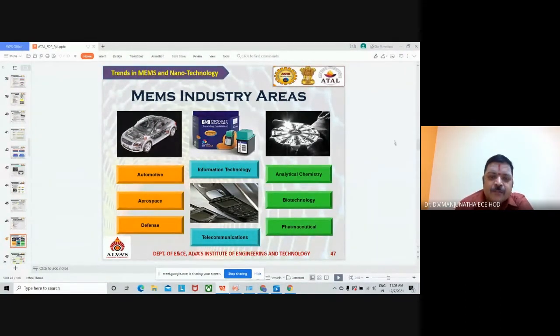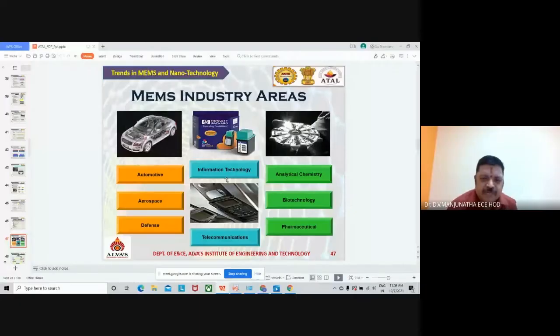Coming to MEMS industry areas, automotive, and so on. You tell what areas, what technologies MEMS has not entered into. It has entered into almost all areas, right?